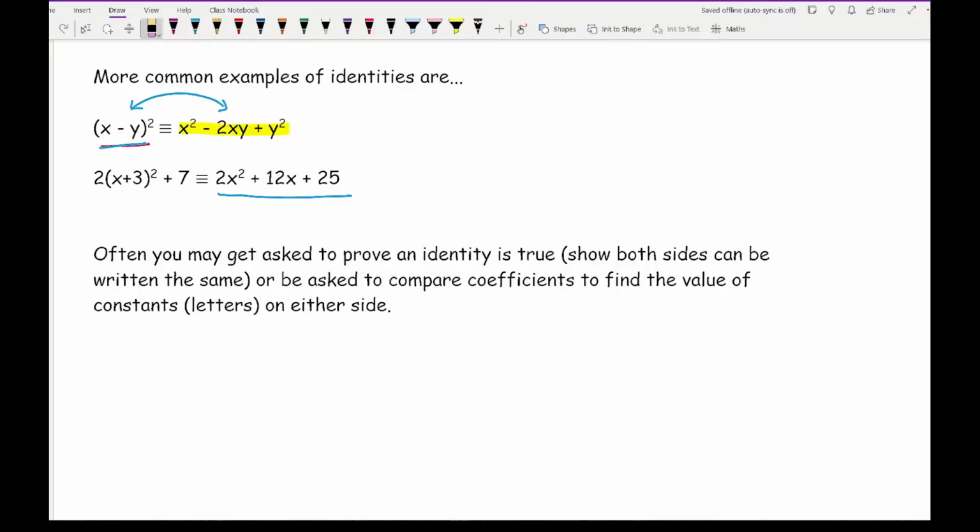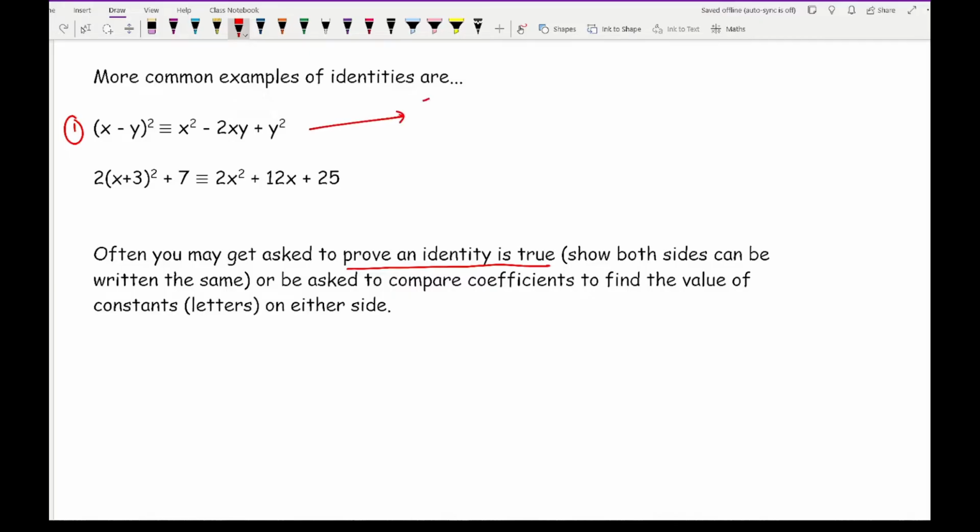So here, if I just get rid of all these markings. If we look at this first example of proving that an identity is true, let's take this first identity. Typically speaking, when you see brackets you always think, right, let's expand it, because there's not really much else I could do. With this particular question you've got two choices.